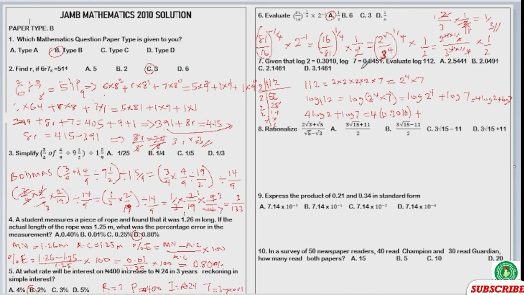Log 7 is 0.8451. So it equals 4 times 0.3010, so we have 1.204, plus 0.8451.